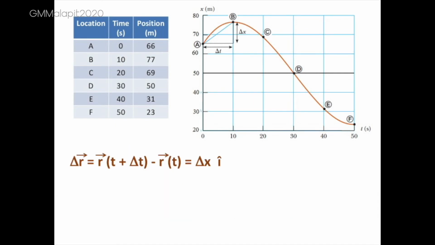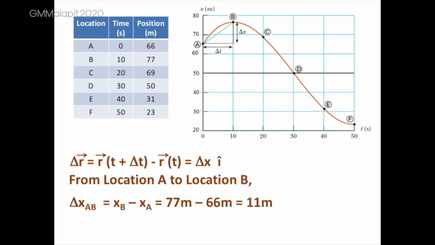Recall that the displacement vector is delta r equal to delta x i hat. So, if we want to compute the displacement from location A to location B, delta x AB is equal to xB minus xA, which is 77 meters minus 66 meters, equal to 11 meters.